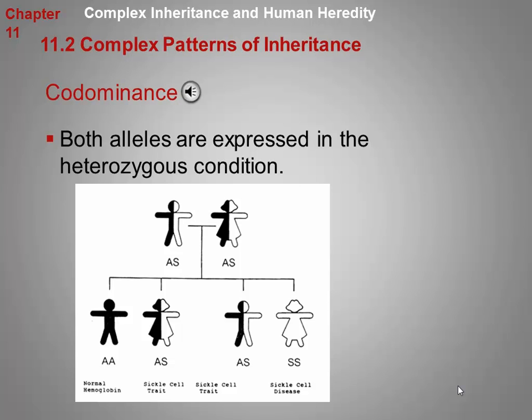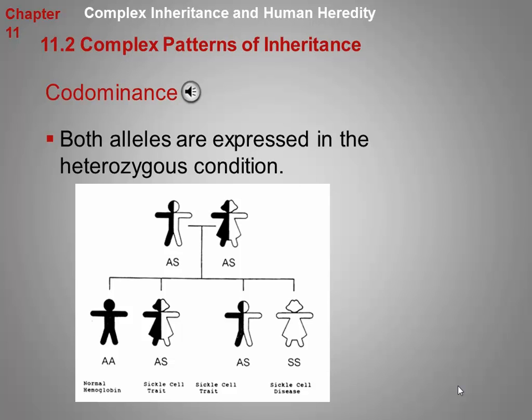As you can see in this example on the screen, you have two parents that are carriers for sickle cell, which means, since that's the heterozygous condition, that they have normal and sickle-shaped red blood cells. In their 4 children, they will have 1 that's normal. You will have 2 that are carriers or heterozygous, so that means that they have both normal red blood cells and sickle-shaped, and then you have 1 that actually has sickle cell disease where all the red blood cells are sickle-shaped.